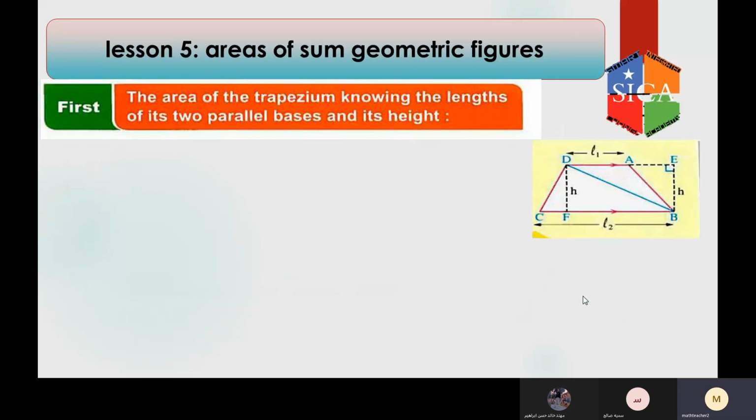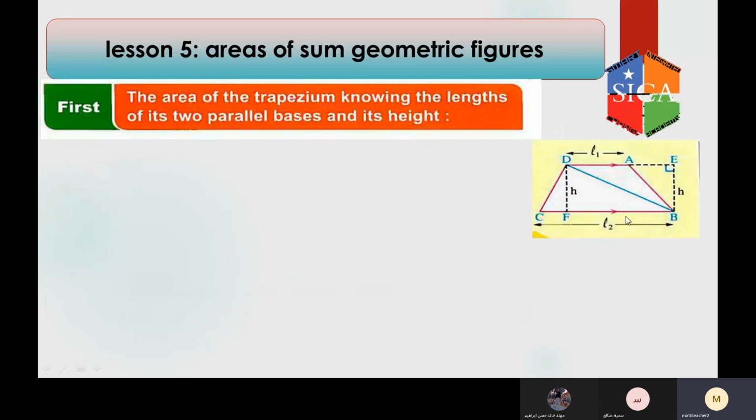In the figure opposite, ABCD is a trapezoid or trapezium, having AD as the small base and CB as the great base. AB and DC are its legs. Where is the height? The height here is H, with DF or BE.